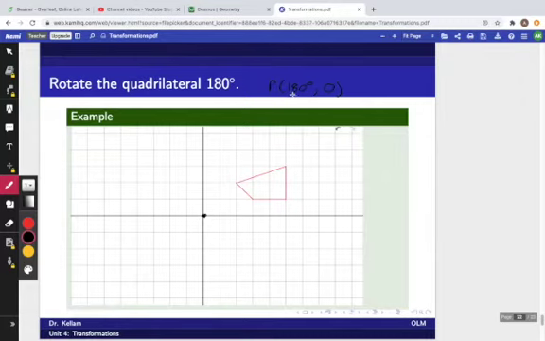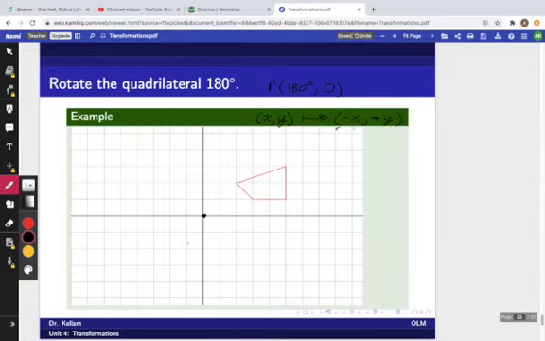So what we end up with here is this. Our rotation of 180 degrees is going to take every point x, y and send that to negative x, negative y.